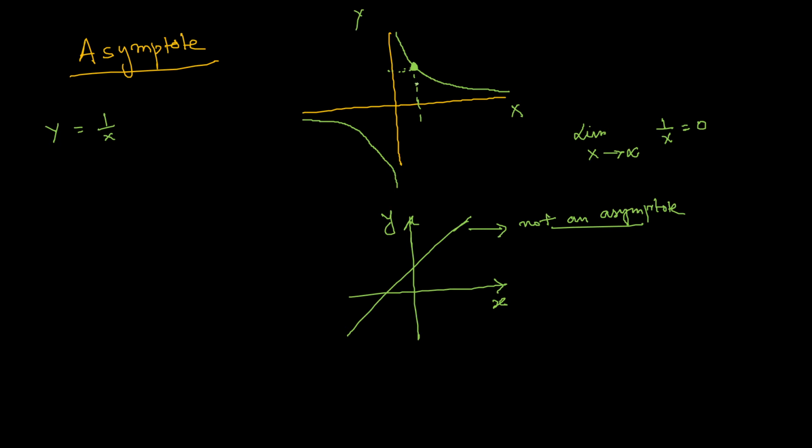So now let's try to understand the different types of situations possible in the case of this asymptote.